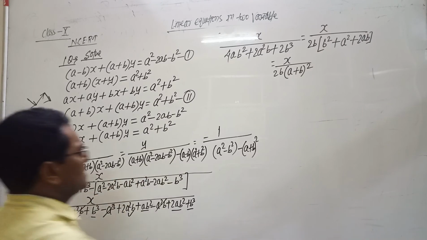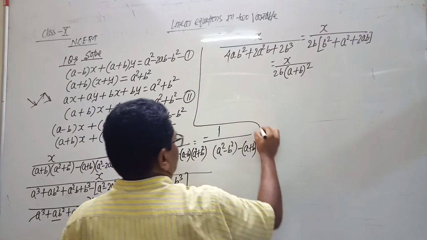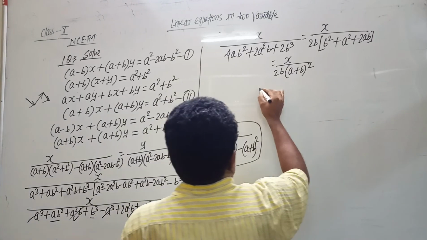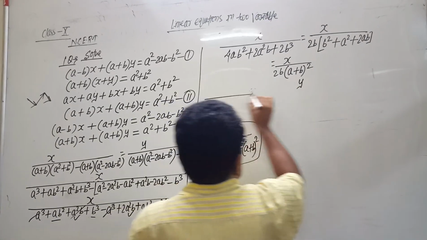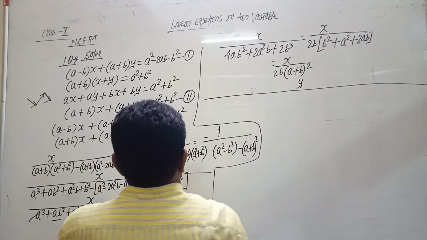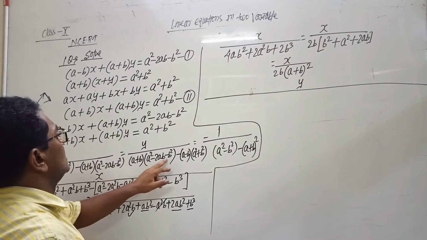Now we solve the term containing y. So y upon a multiplied by all these 3 terms.